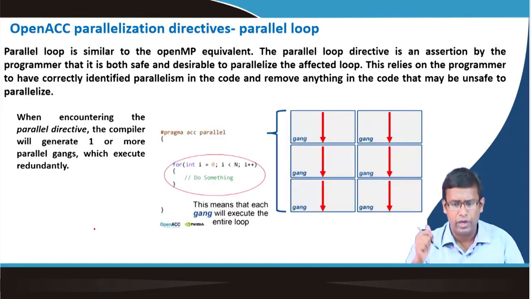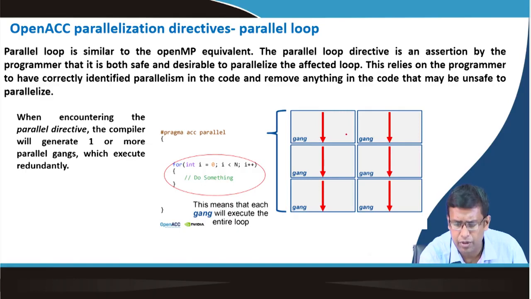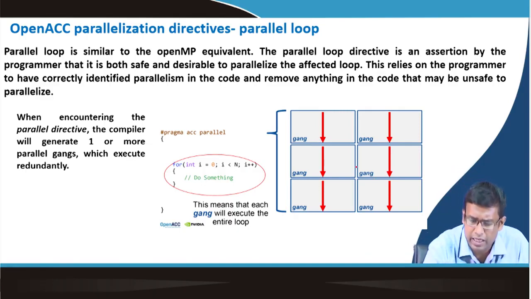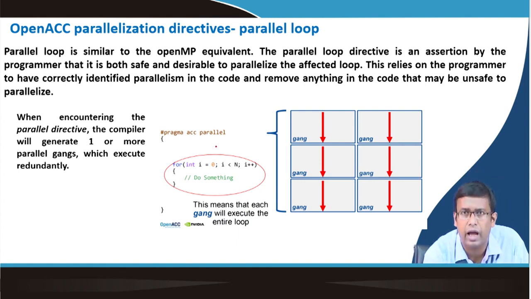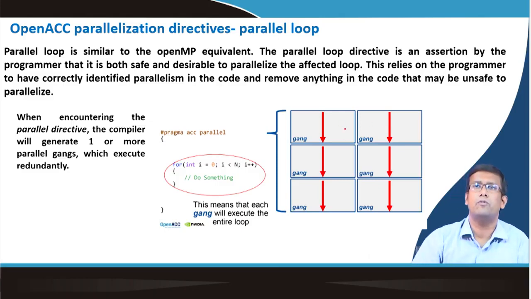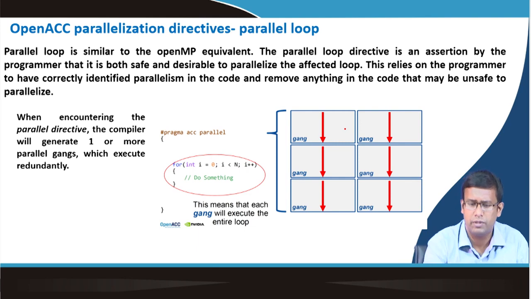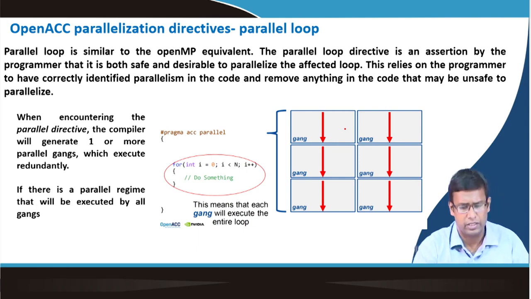In the parallel regime, it will launch many gangs. Each of the gangs will do exactly the same work. But if there is an iteration and we ask this to be a parallel for loop, then each gang will take part of the iterations and operate over them. It is something like each block operating on a number of threads. Similarly, the gangs will execute that.